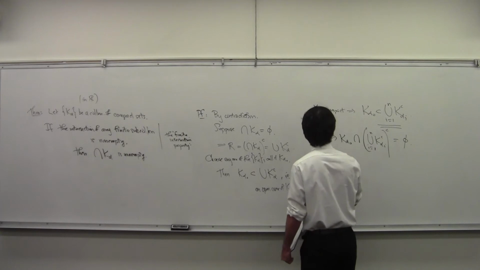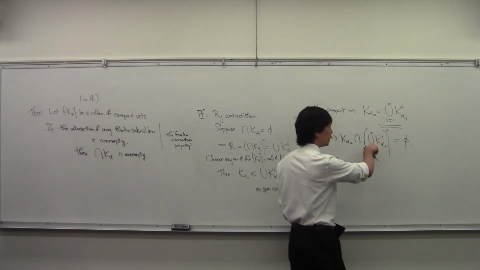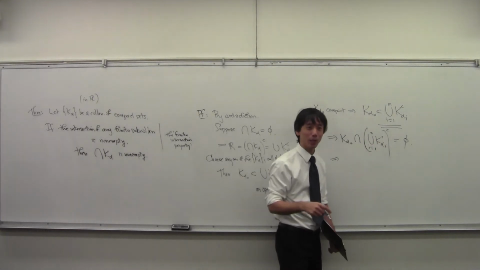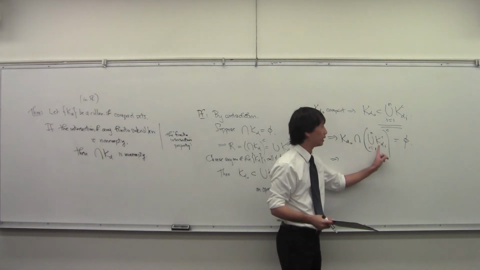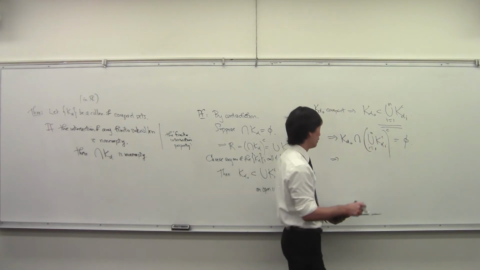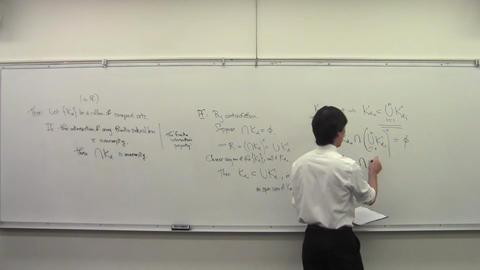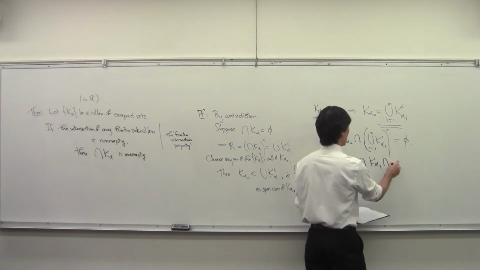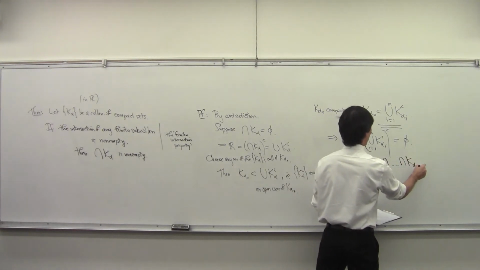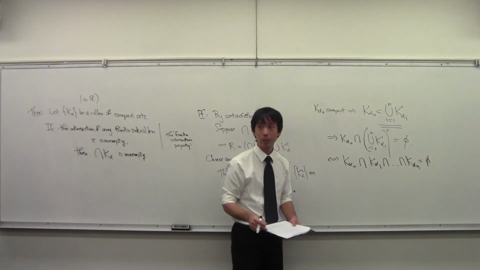Now we use De Morgan's laws again: the complement of a union is the intersection of the complements, so we get the intersection of the double complements, in other words, the intersection of the sets themselves. So you get that K alpha naught intersect K alpha 1 intersect ... intersect K alpha n is empty, by De Morgan's laws.